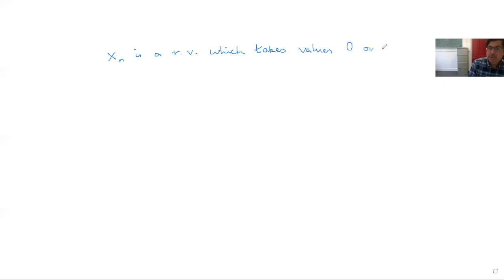These are the only two possible values it takes. And then the probability that Xn is n is 1 over square root n. And the probability that Xn is 0 is 1 minus 1 over square root n. Okay, and so we have a sequence of such random variables.